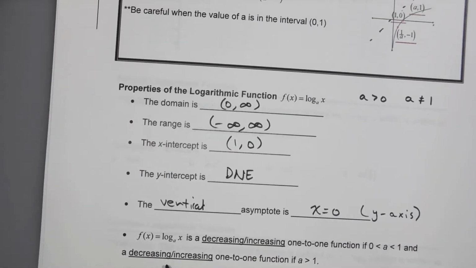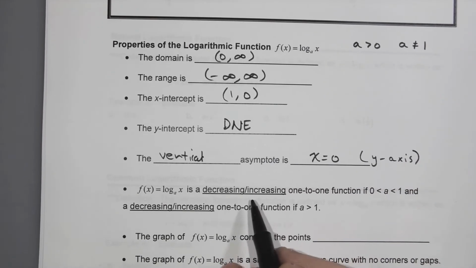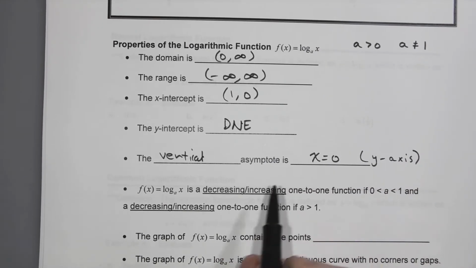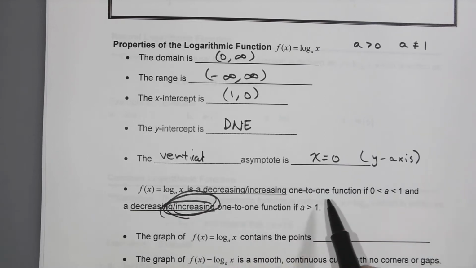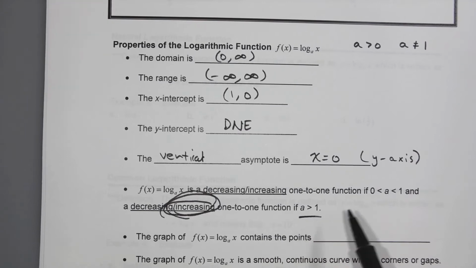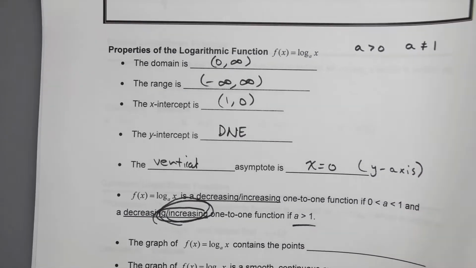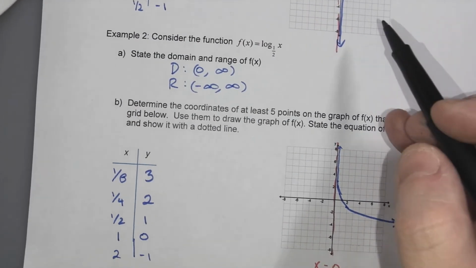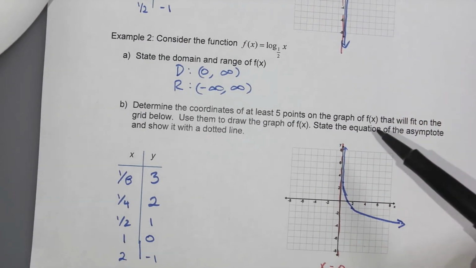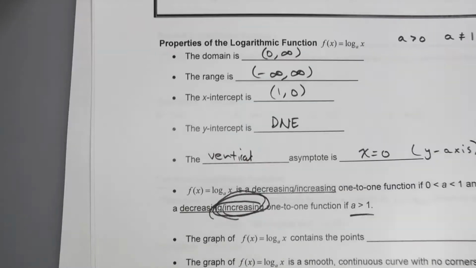There is no actual y-intercept. The log base a function, as you can see, is going to be an increasing function as long as a is bigger than 1. But then, as we saw in that example, if we take numbers between 0 and 1, like 1/2, our function now decreases.